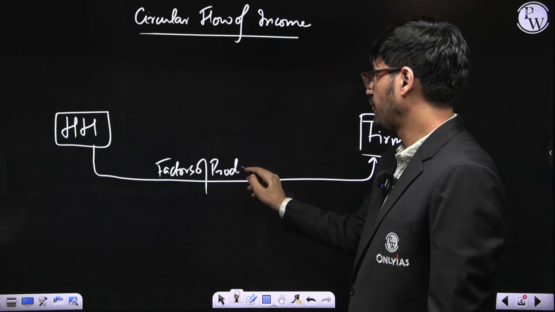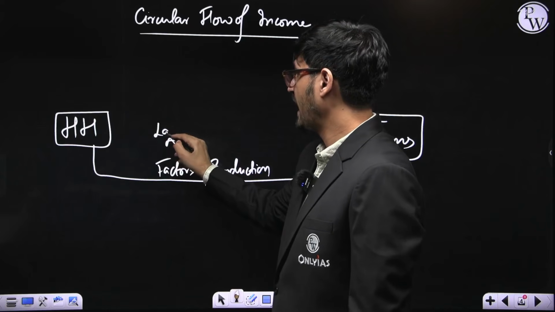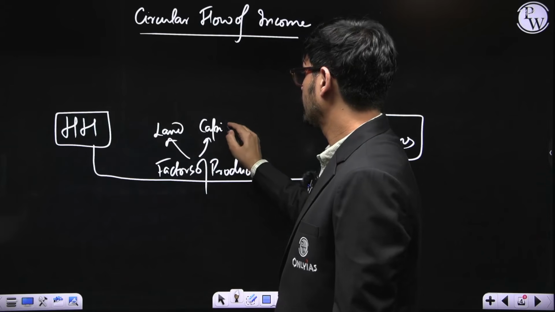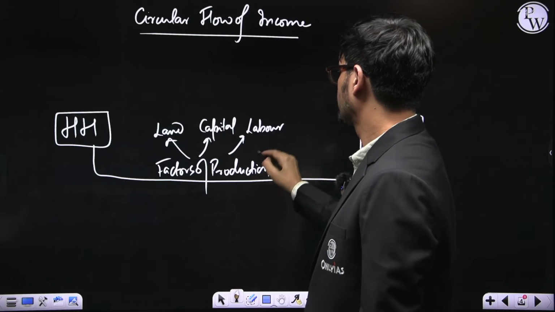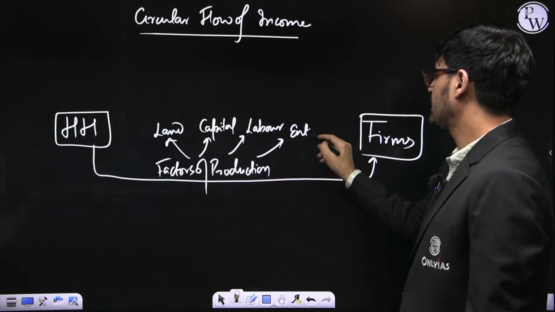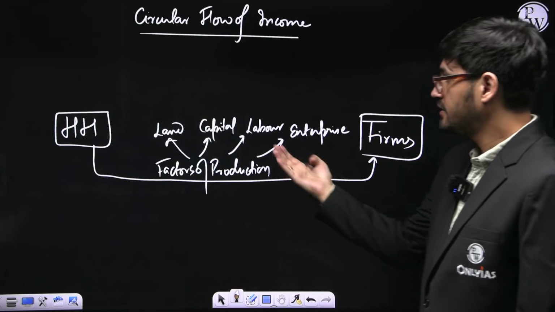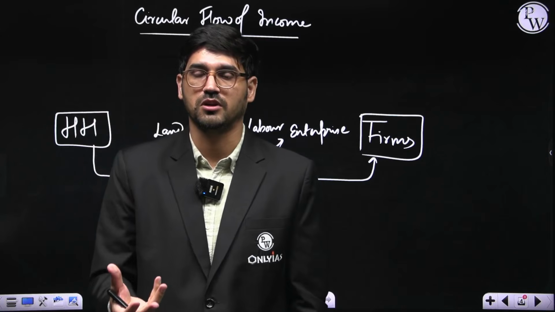There are 4 factors of production: land, capital, labor, and enterprise or entrepreneurship. These 4 factors of production come together to make the production process possible.